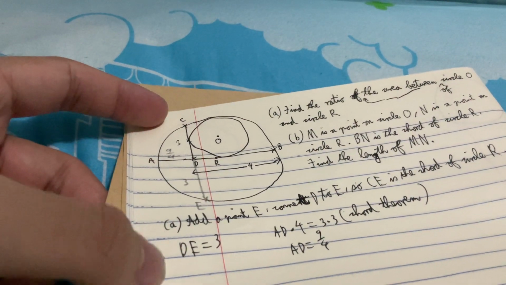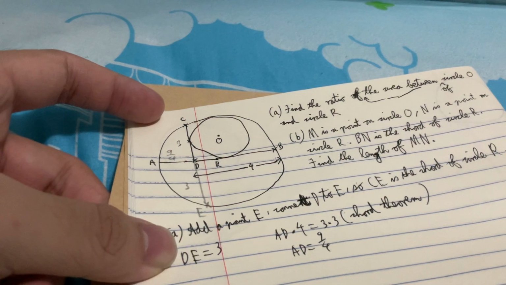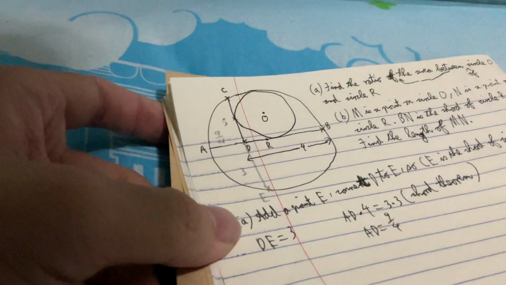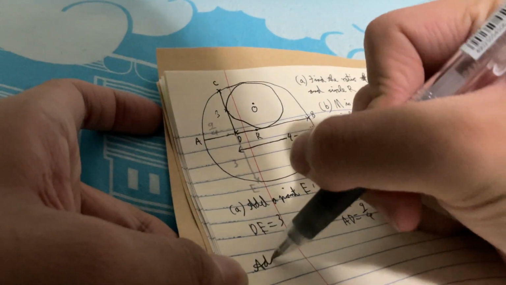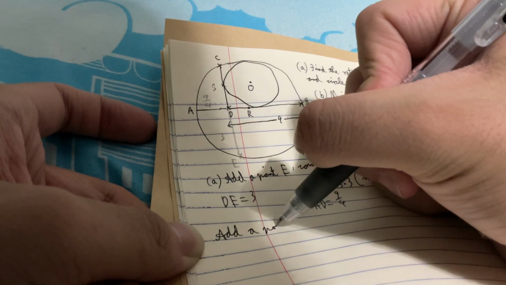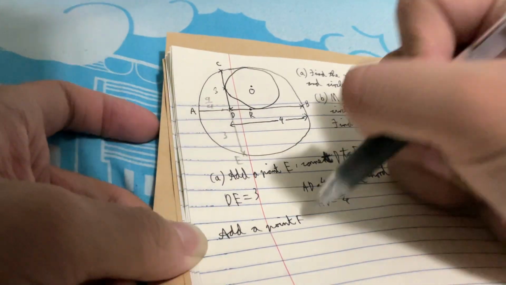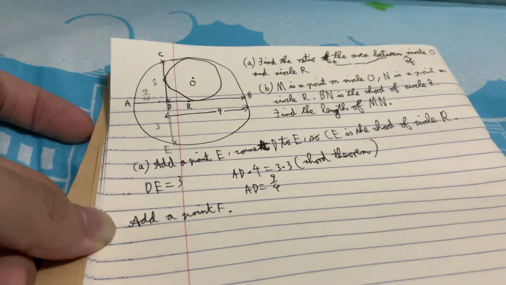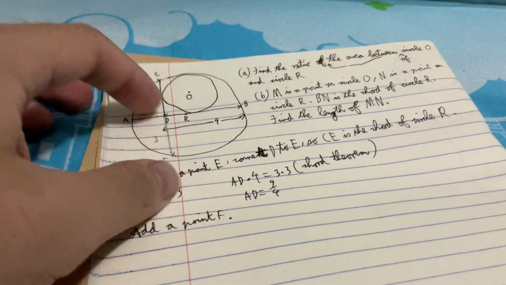So what else can we do? Here, I'm going to add a point. We already have E, so I'm going to add a point F here. I'm not going to write it all out because it's really long.